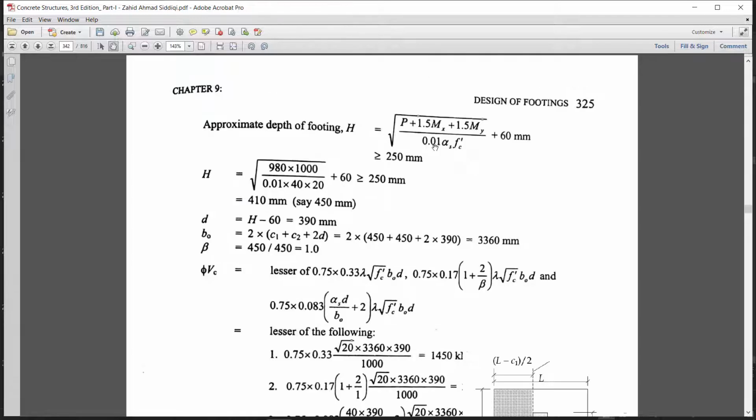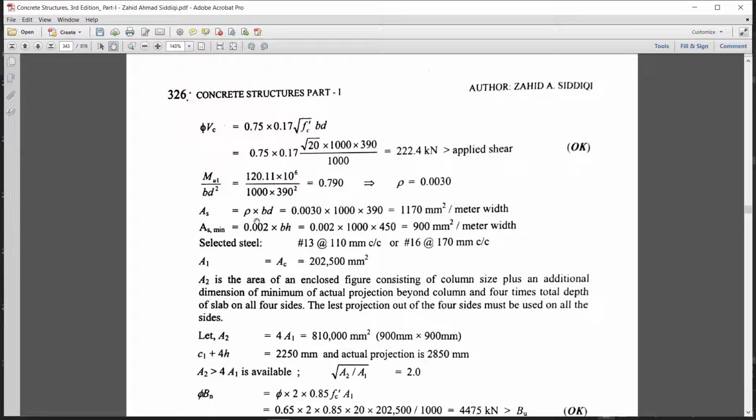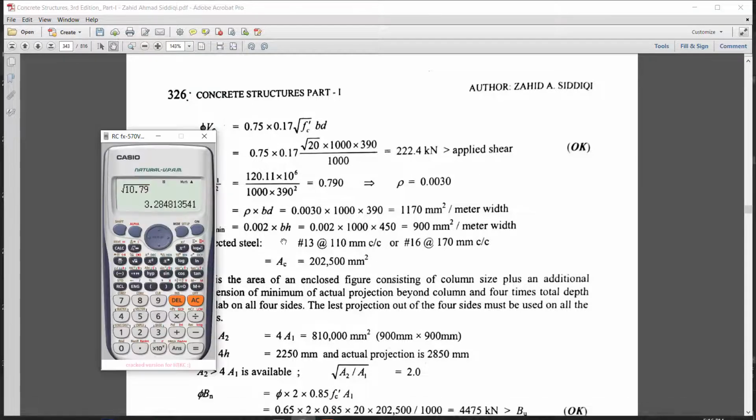Now we have calculated the moment, and the moment value is 120.11 kilonewton meter. You can use the formula either using a table or the exact formula, that is 0.85 f'c over fy, multiplied by 1 minus the square root of 1 minus 2.614 multiplied by the moment.